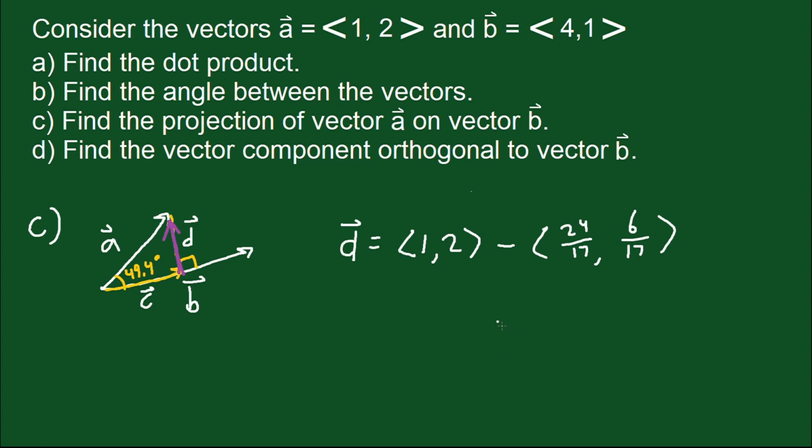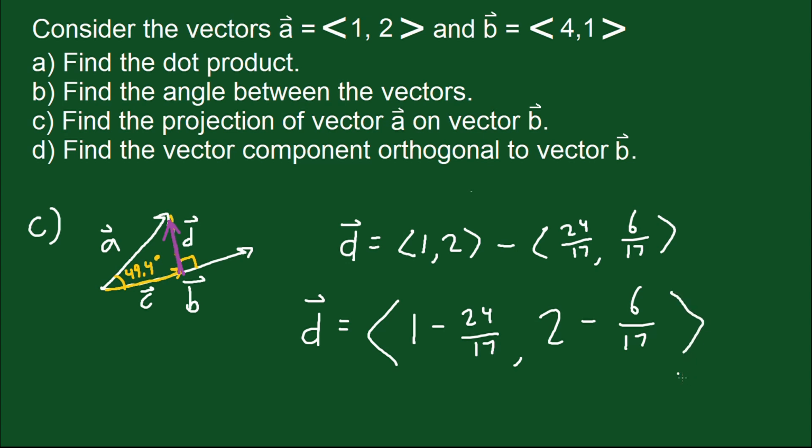Okay, let's do this subtraction. Vector D is equal to 1 minus 24 over 17 and 2 minus 6 over 17. We can make a common denominator for each of these, right? This 1 can turn into 17 over 17. So 17 minus 24, that would be negative 7 over 17.